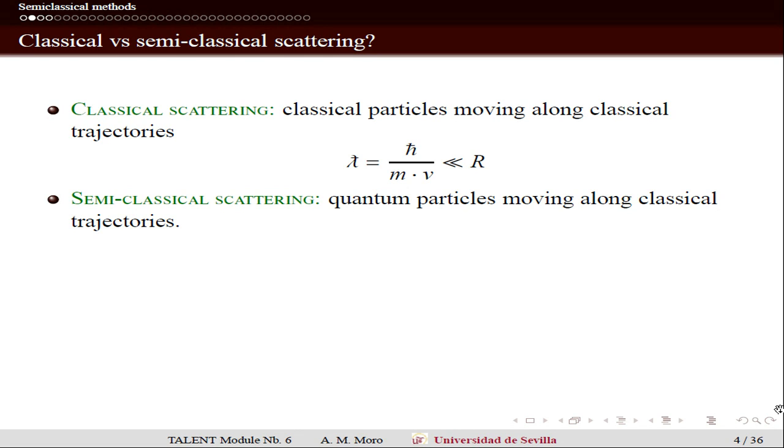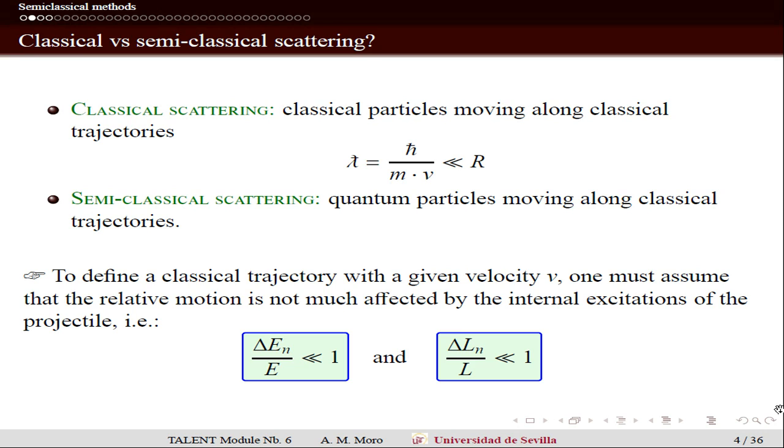This condition is very difficult to fulfill in practice in nuclear physics. Sometimes, in specific cases, it makes some sense, but not in general. Most commonly, we will have what is called a semiclassical description of the process, that is to say, quantum particles moving along some classical trajectories.